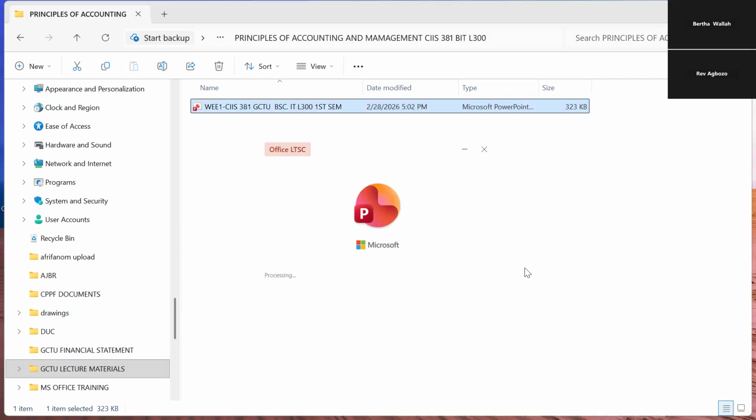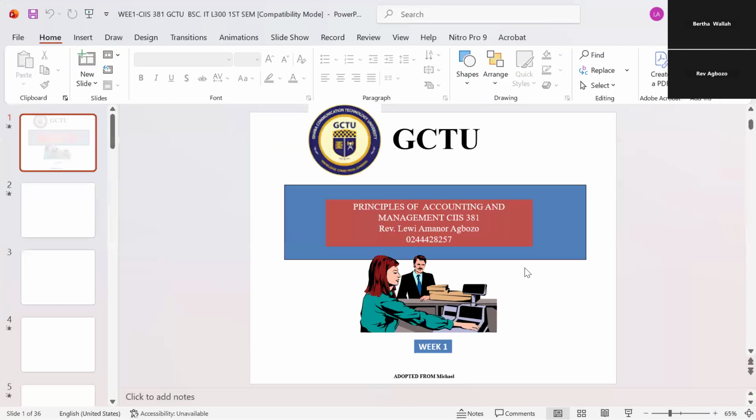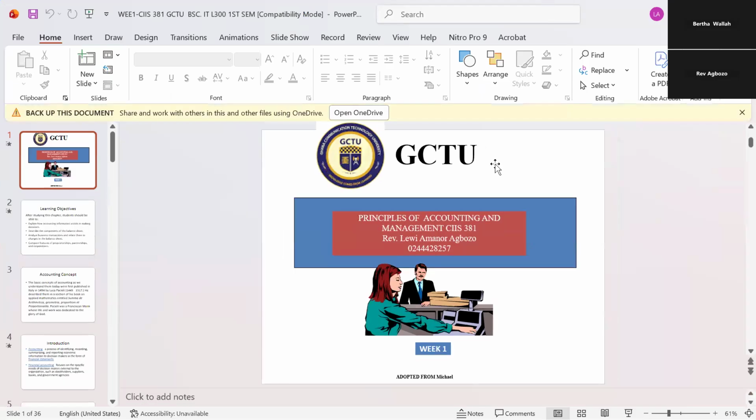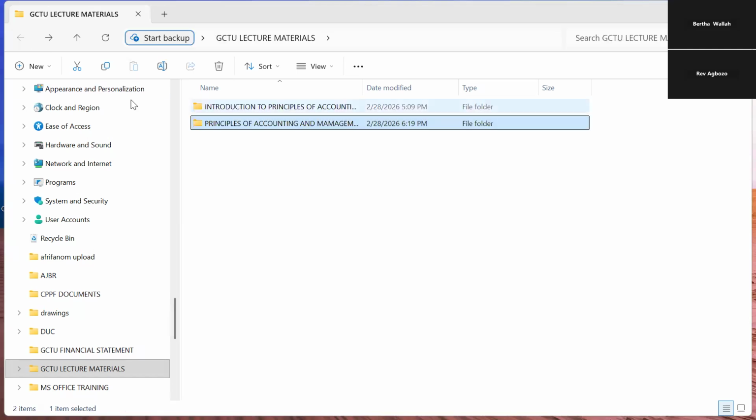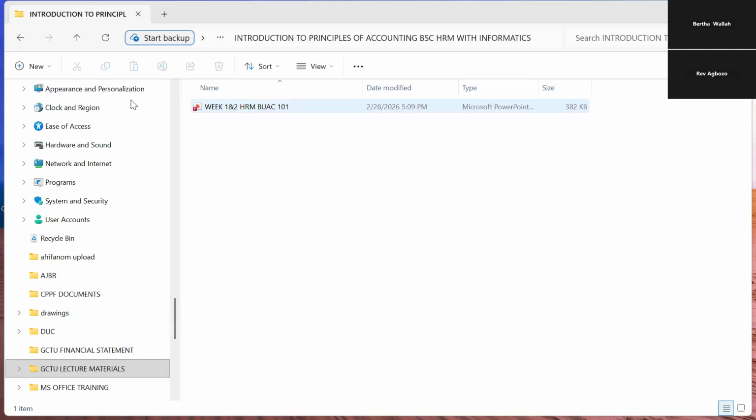I'm sure when I say revenue, you understand what revenue is. Revenue is income generated from a trade or business. Then expenditure are the expenses that you made in acquiring or getting your revenue.